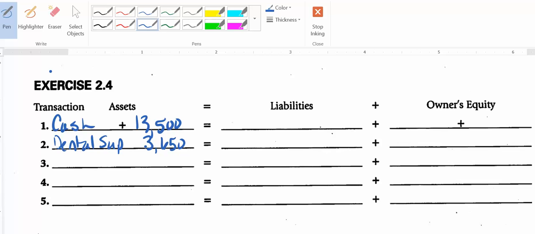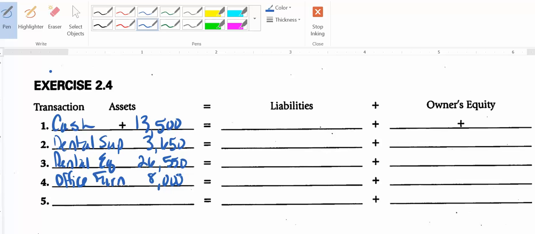And number 5, dental equipment, and that is $26,550. And office furniture, and that was $8,000.